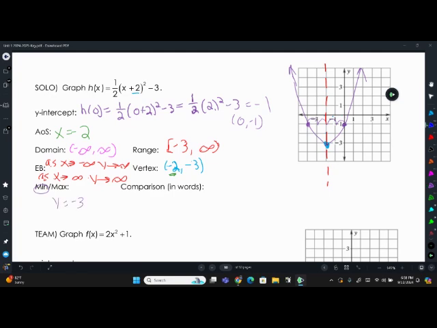In comparison, that is your RST, remember. So R, there is no reflection over the x-axis. We have a vertical shrink because 1/2 is smaller than 1. And our translation, we are left 2 and down 3. So the exact same process as we did for the absolute value functions.